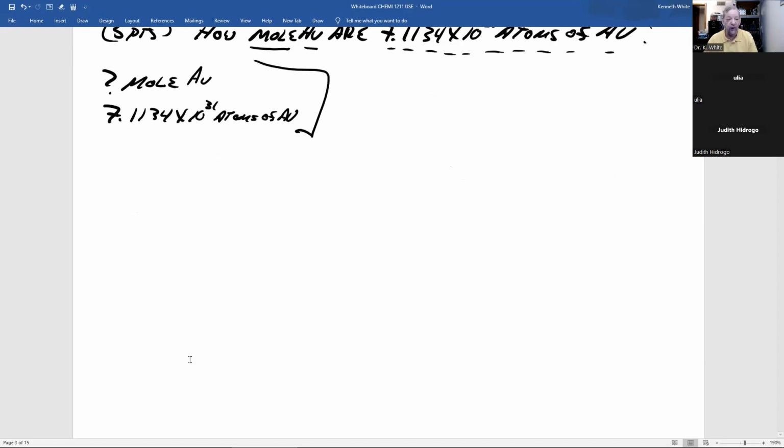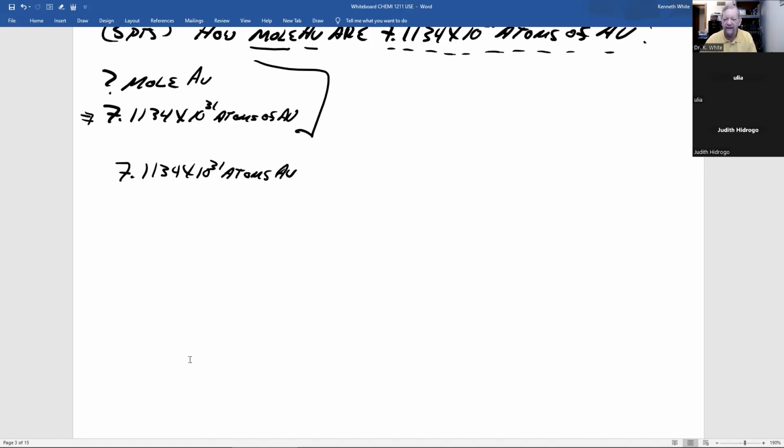So what do we have to start with? Well, only this. And you don't have to put the word goal, but be sure to put the unit, atoms, and of what atom or element or molecule you're trying to find.